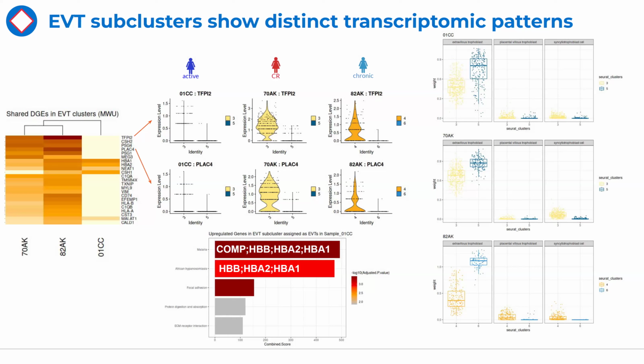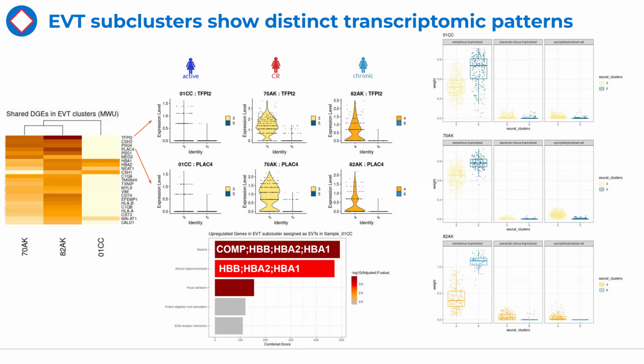But what is very interesting here, there's quite some similarities between the three patients when we look at the differentially expressed genes between the two clusters, but there are also quite some differences. What is true for all of them is that the cell type scores that we got from deconvolution are generally lower for extravillous trophoblast within the yellow cluster.